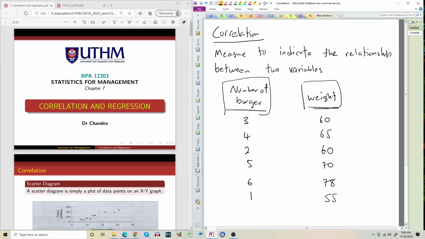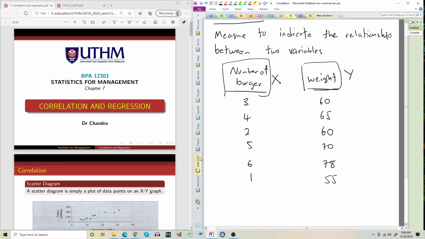So the one that gets influenced is weight. This will be your y, and number of burgers will be your x, which means you have to use your logic here. In other words, x is the independent variable and y is the dependent variable.